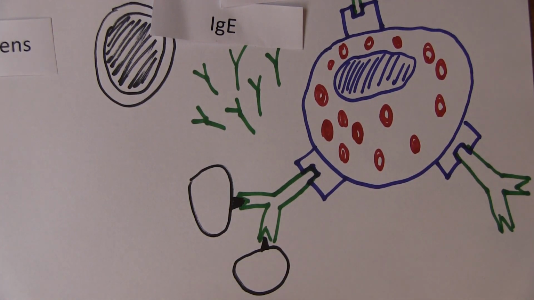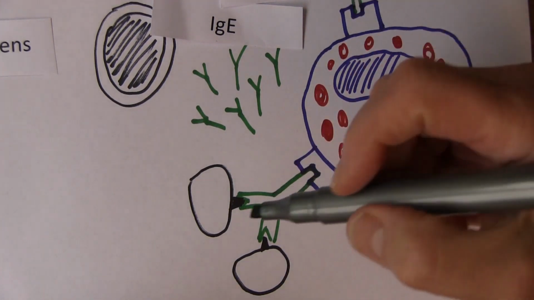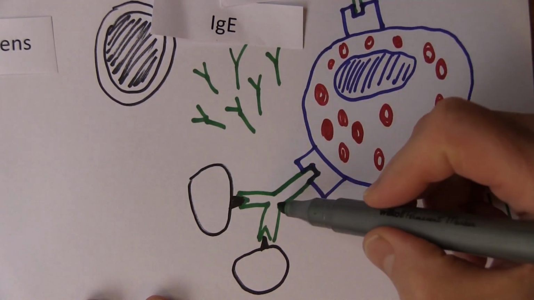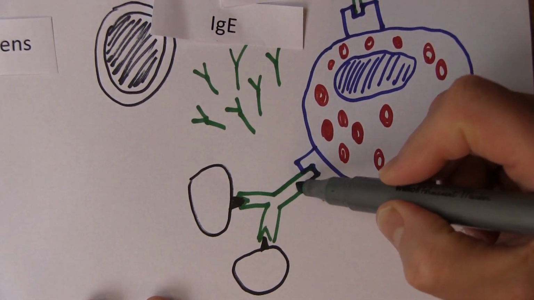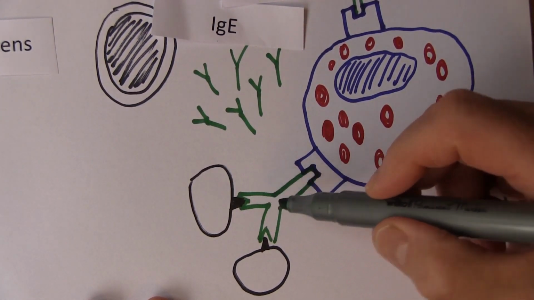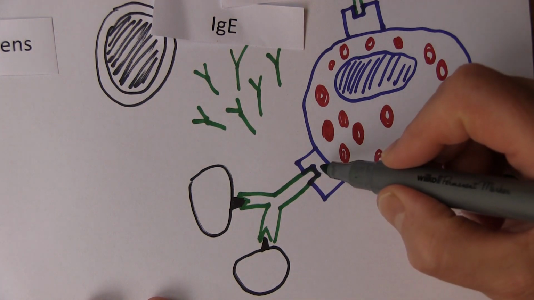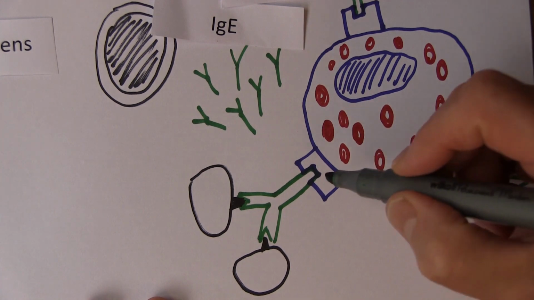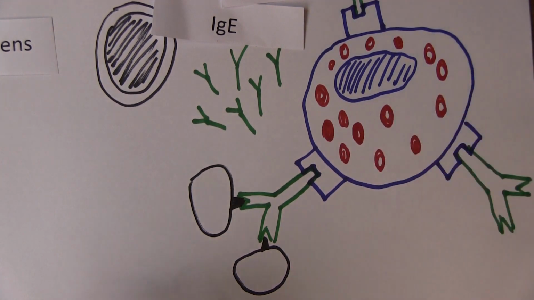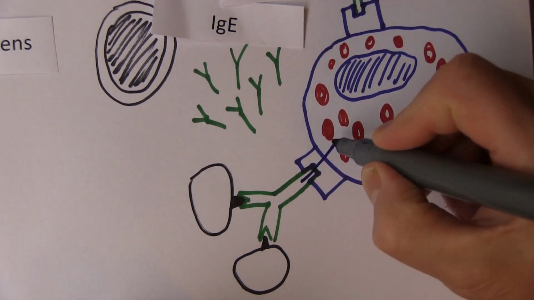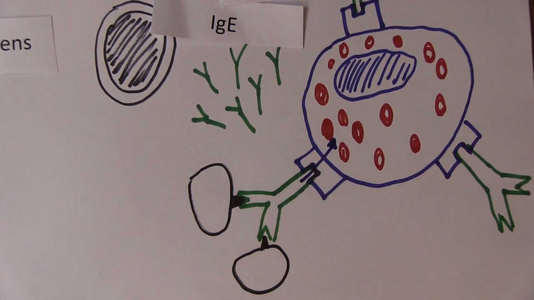And when the antigen here, which is the peanut, binds onto the antibody to the peanut, the immunoglobulin to the peanut, that is binding onto these high affinity receptors on the mast cells, that stimulates secondary changes inside the mast cell.